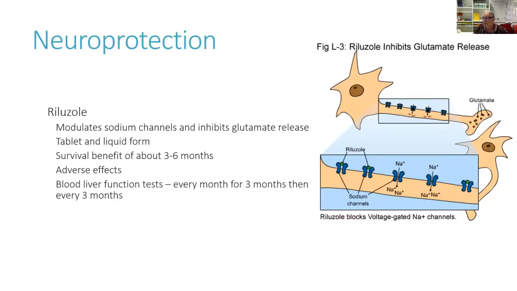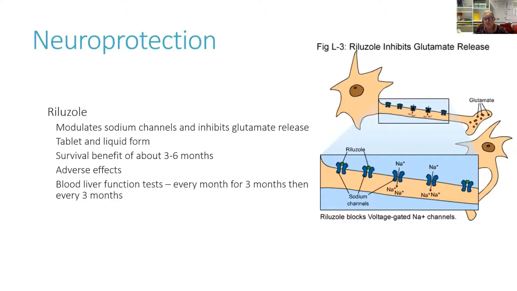Unfortunately, with every medication, there are adverse effects, so side effects. That's why it's important to have the blood tests done, and it should be done every month for the first 3 months, and then at least every 3 to 4 months after that.